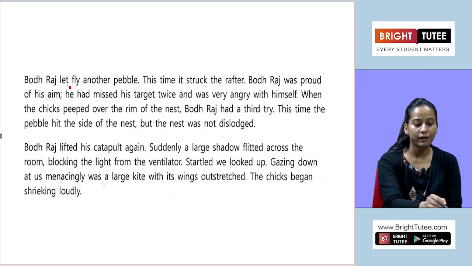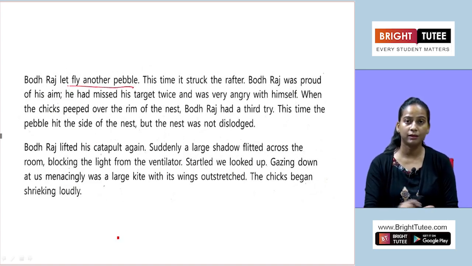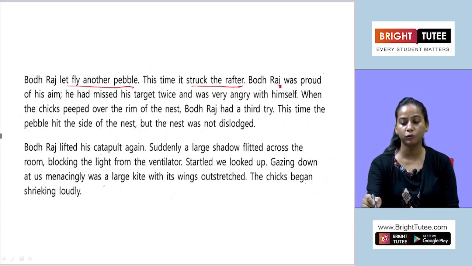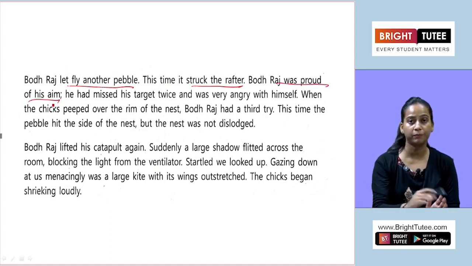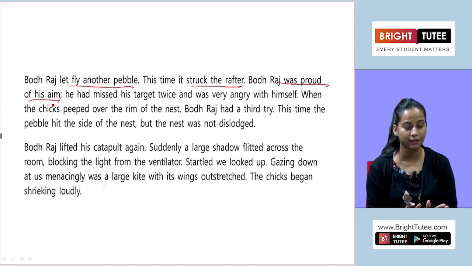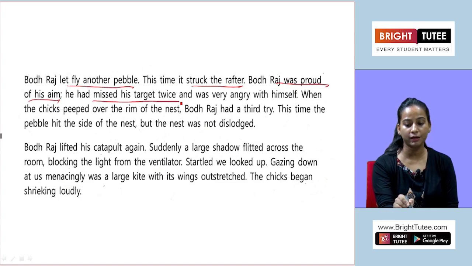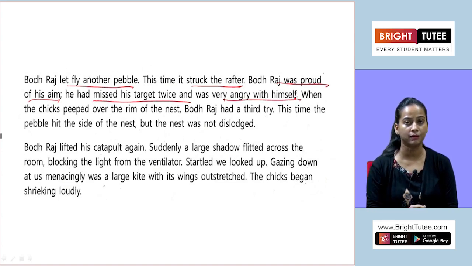Bodhraj let fly another pebble, and then he sent another pebble through the catapult. This time it struck the rafter, and now that it hit that area, Bodhraj was proud of his aim, because now he was able to hit it correctly. He had missed his target twice and was angry with himself.